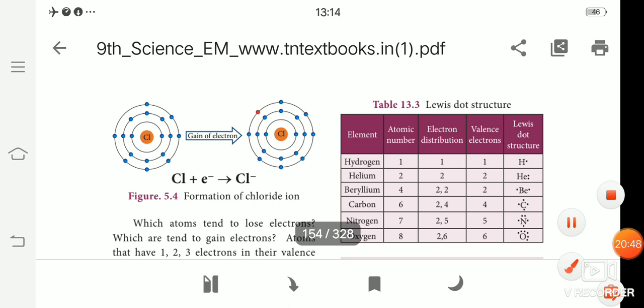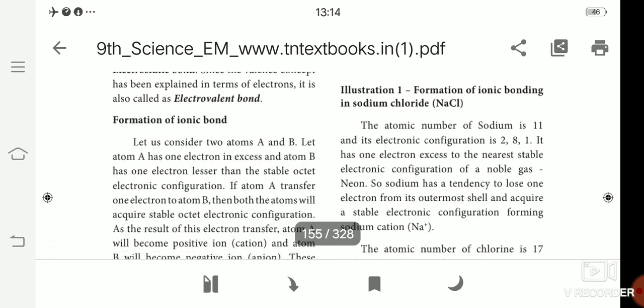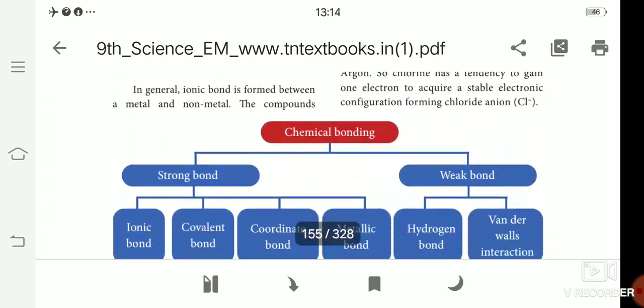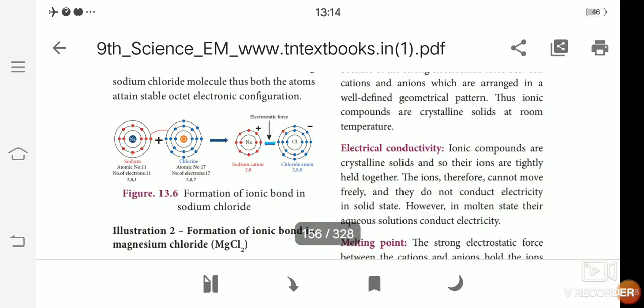One example is sodium chloride. So this is the structure showing the formation of the ionic bond in sodium chloride. Sodium has atomic number 11 and electronic configuration 2, 8, 1, and one extra electron is beyond the nearest stable noble gas configuration of neon.